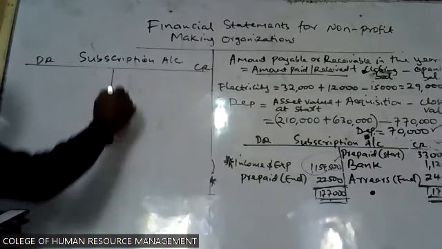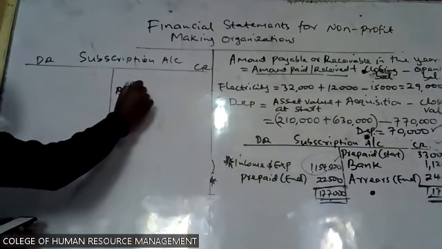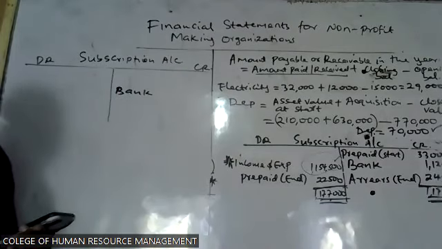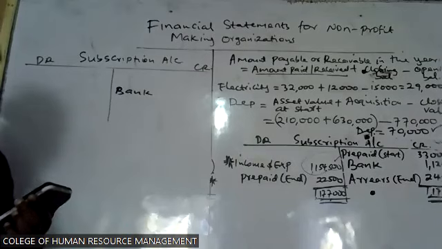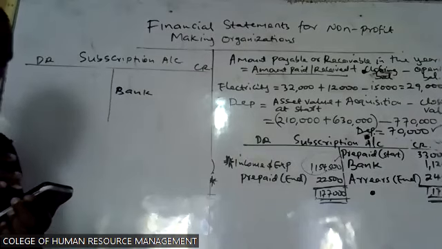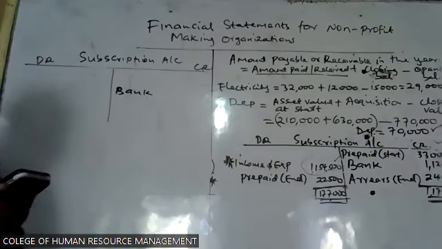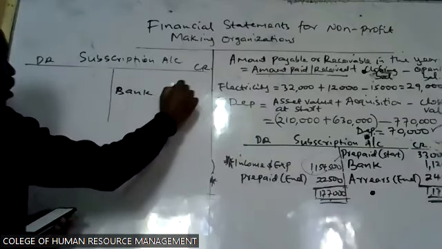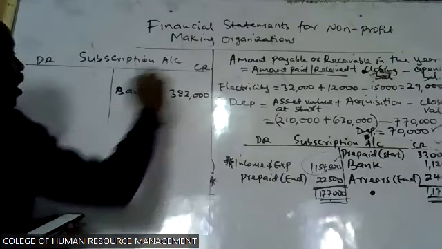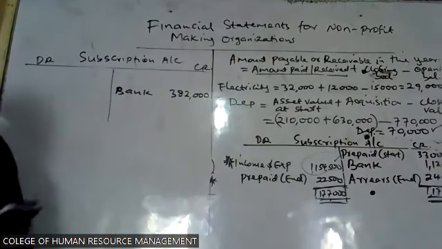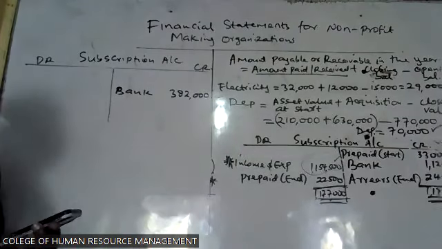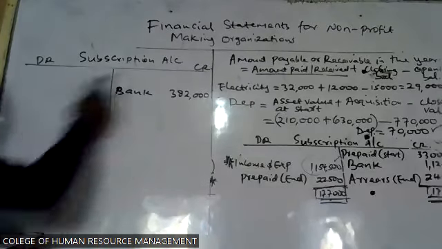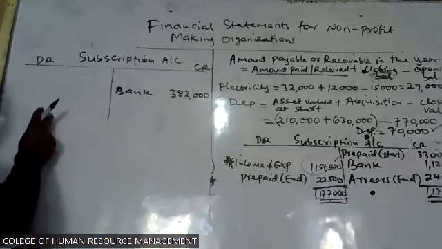We normally start with the bank, put it at the middle of the credit side. The bank, you take it from the receipt side of the receipt and payment account. You go to the receipt and payment account, the debit side, there is member subscription, 382,000. You put it there. Then we are supposed to have the prepaid at the start and prepaid at the end. At the start comes here, at the end comes here.